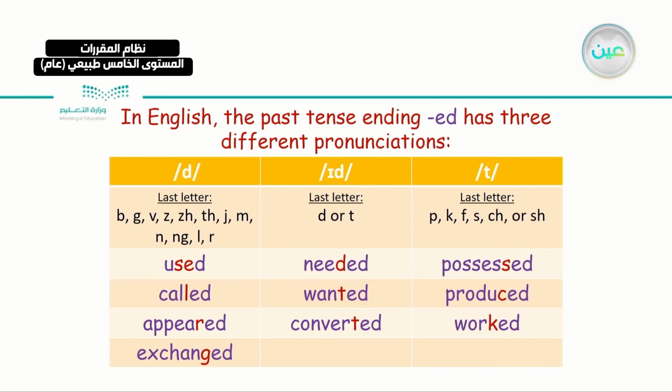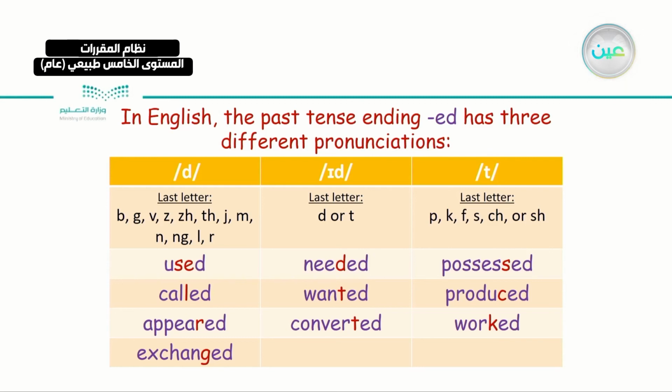Called, wanted, called, wanted. Appeared, converted. Here the id sound is going to be when the letter D or T is at the end of the word or the end of the verb.